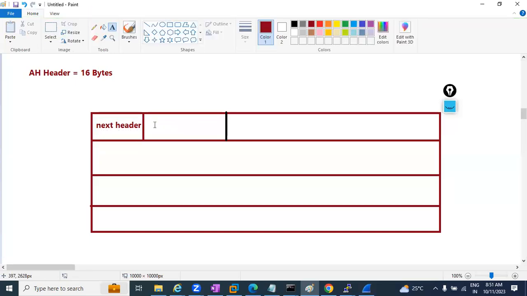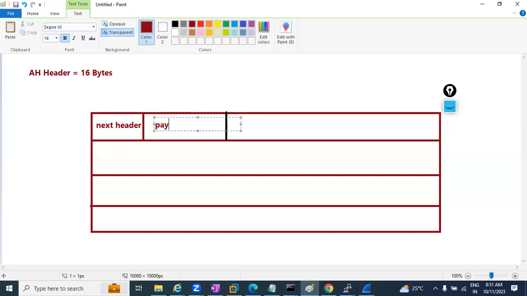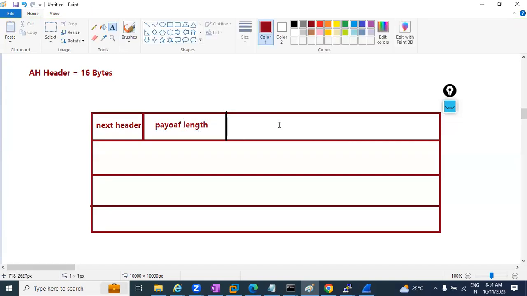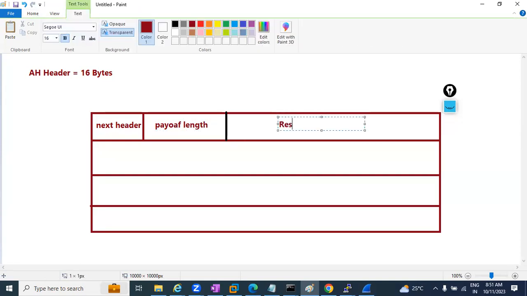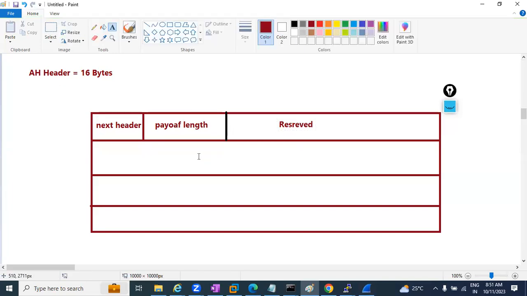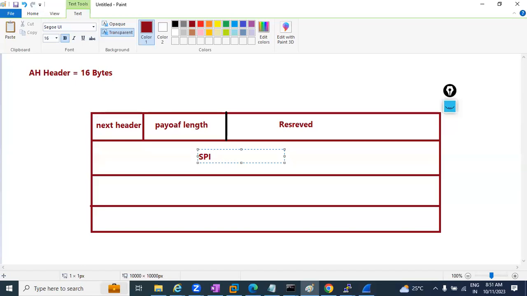Next header, then the information about payload length. Then this is reserved for the future. Then we have the AH SPI, and then a sequence number.